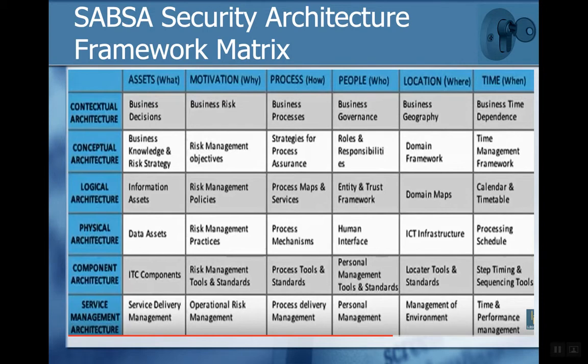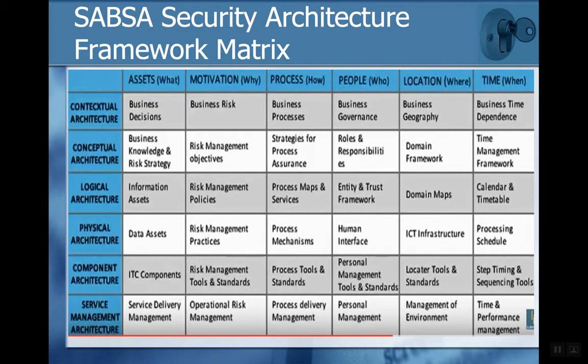Here's just to give you a picture of what this looks like in a two-way matrix. Here are our 6 layers: contextual, conceptual, logical, physical, component, service, matched up against the what, why, how, who, where, and when characterization.